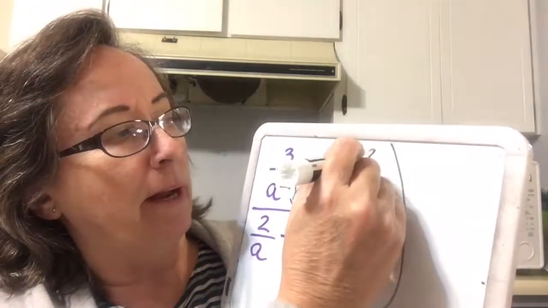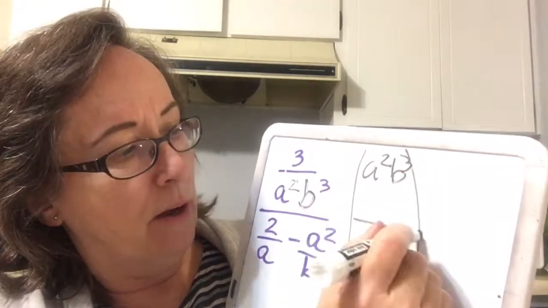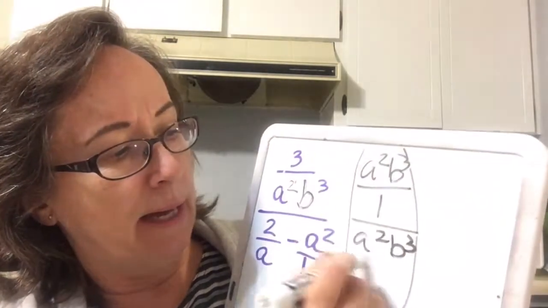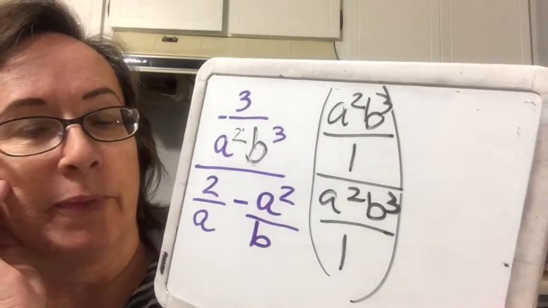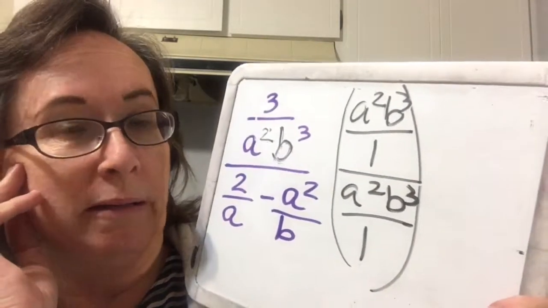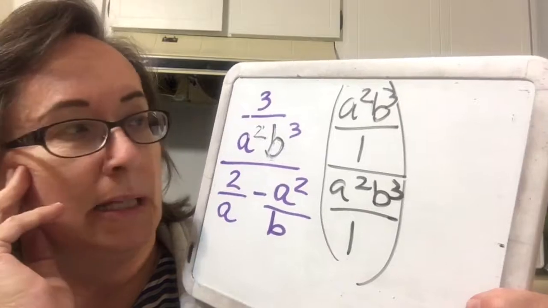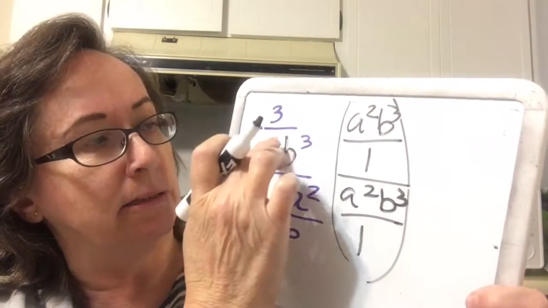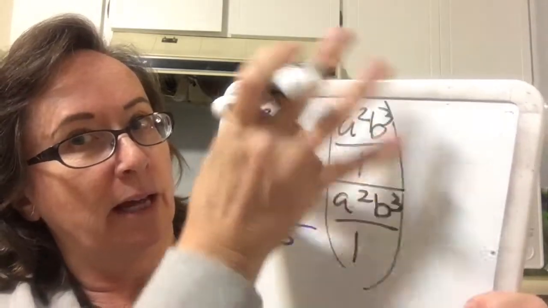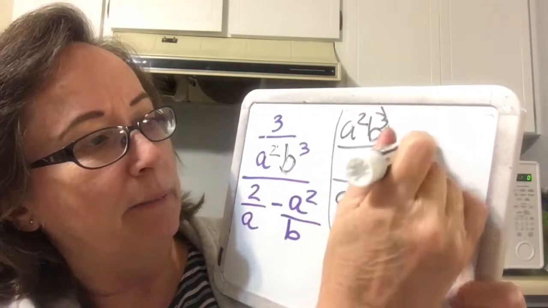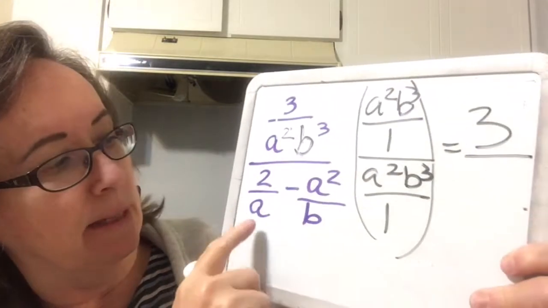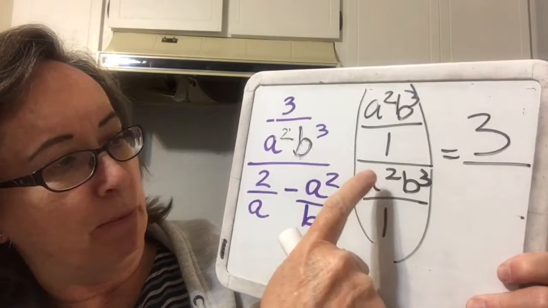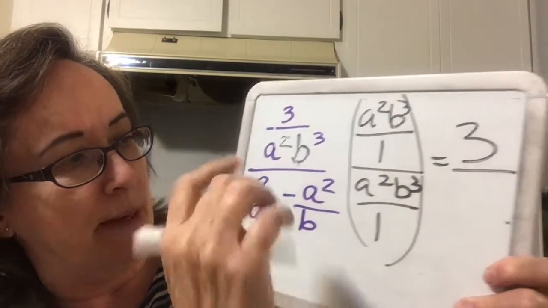So a squared b cubed over a squared b cubed is my least common denominator. So I'm going to multiply by 1 in the form of the least common denominator. Now what's going to happen here is that we're going to cancel denominator and numerator of the upstairs, and we're going to wind up with a 3. Then down here the a is going to cancel, leaving me with 1a and a b cubed times 2.